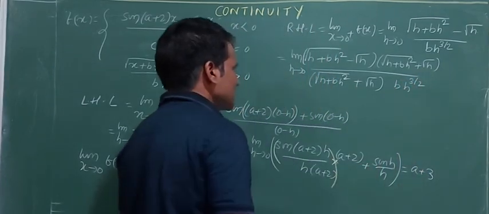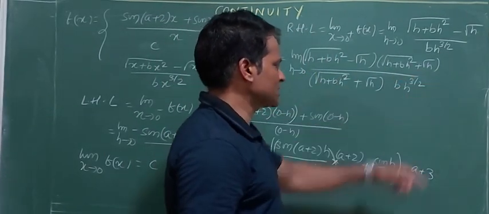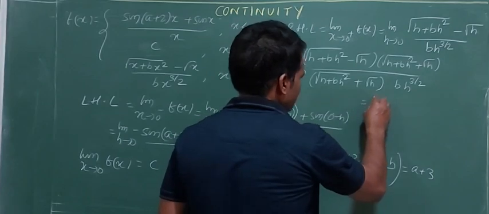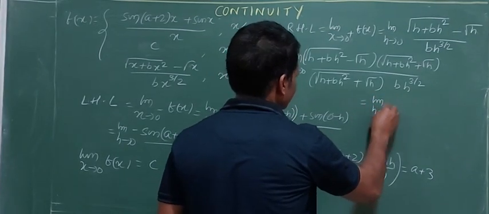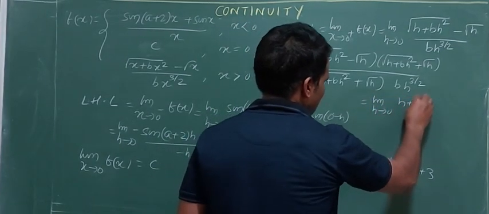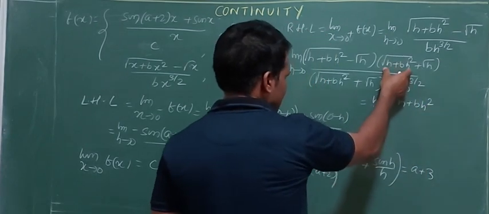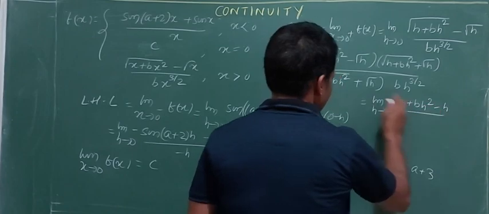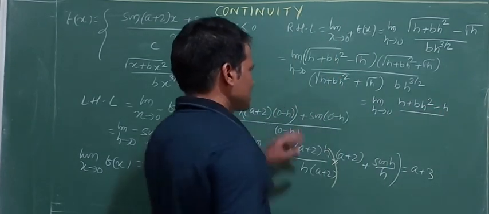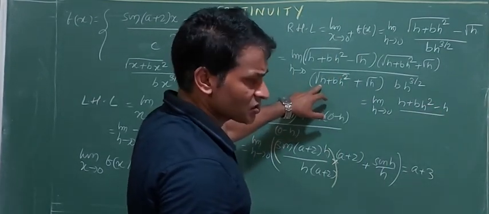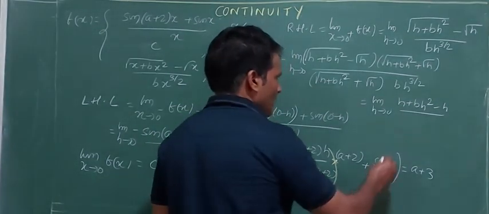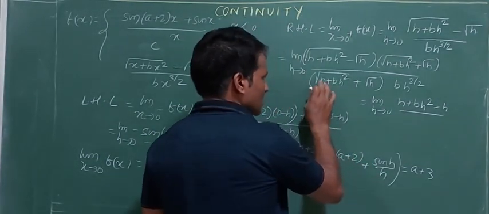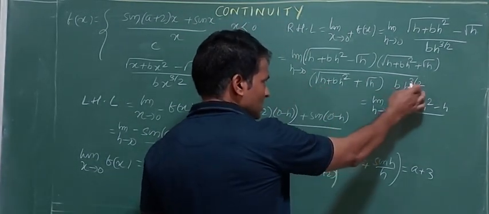Rationalize it. Multiply a minus b, a plus b, a square minus b square, limit h tends to 0. That gives you h plus bh square minus h. You take h common from here. As it is under root, when I take h common, it becomes root h, that is h to the power 1 by 2, multiplied here.